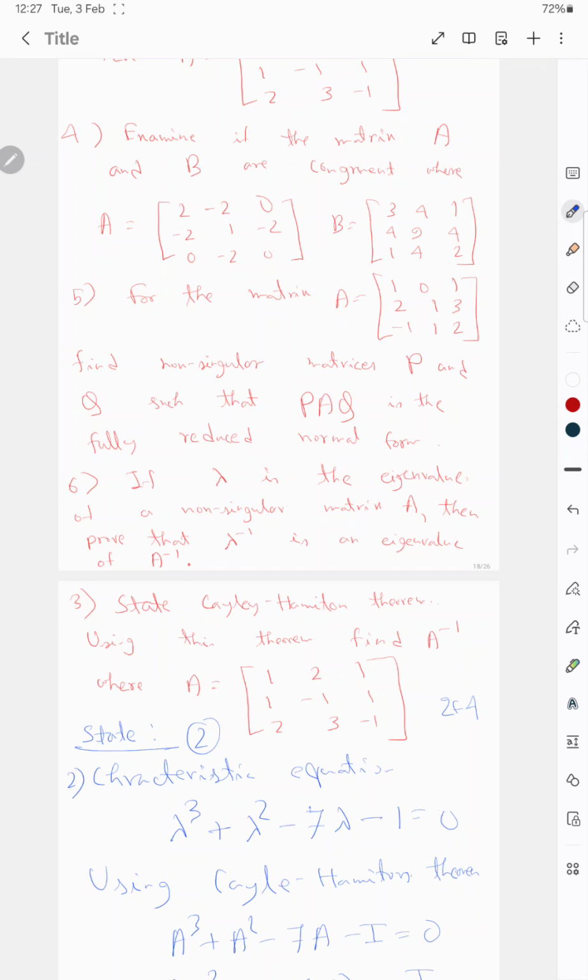Okay, so here basically that PAQ, this type of problem, you have to do the same thing, full reduced normal form. So reduced normal form, basically you have to do that I2 type of form, right? That something is 0. Okay, let's write in fresh page.